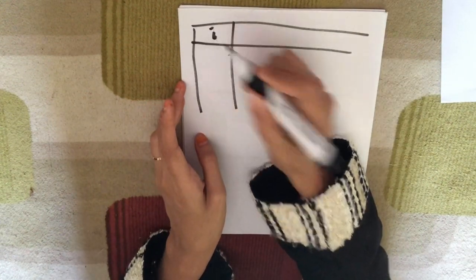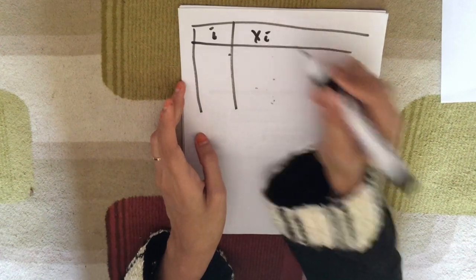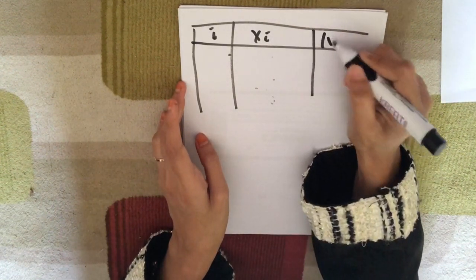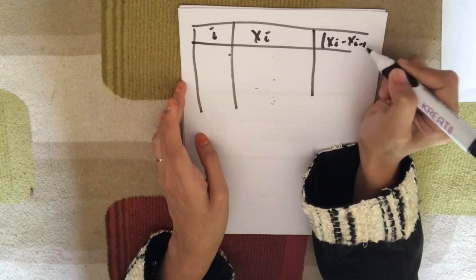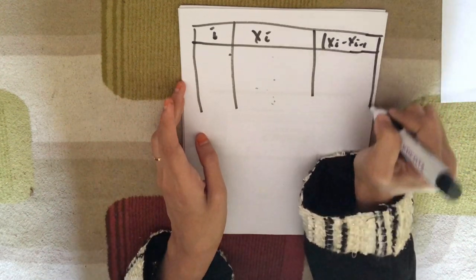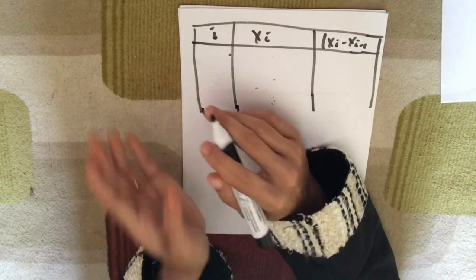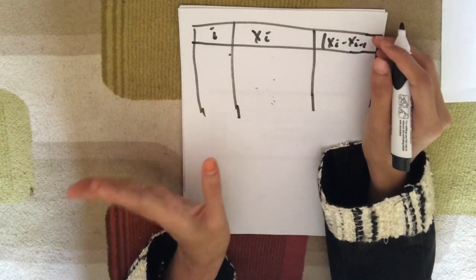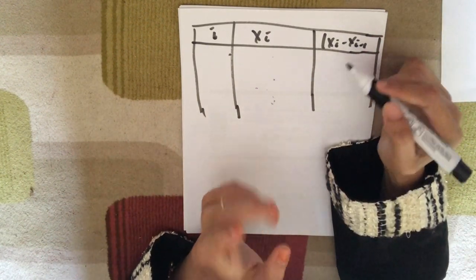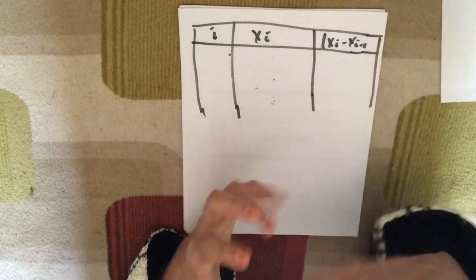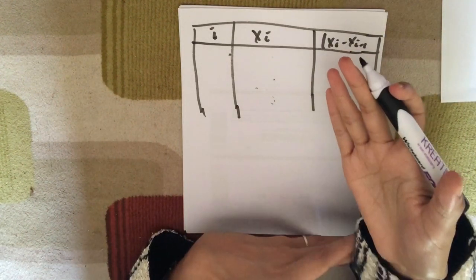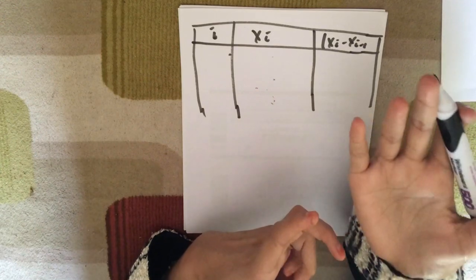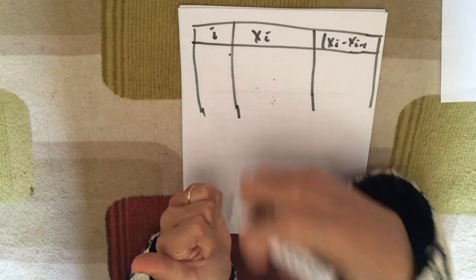So this is i, this is x_i and this is error. Now this error is not xb minus xa, that is for bisection. Now the error is x_i minus x_(i-1), which is the current value minus the previous value. This is how we calculate error, right? The current one minus the old one.